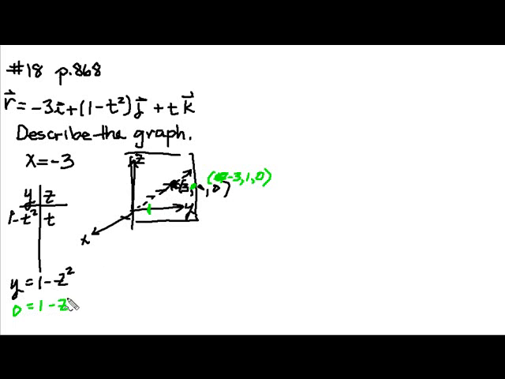So those points would be located at 0, 1 and 0, negative 1 in the yz plane, but throwing that third dimension in there, the x coordinates, we're going to be up 1 from the x-axis here and down 1 from the x-axis here. And so what we see is the start of this parabola. So this is going to be a parabola inside the plane where x is equal to negative 3.